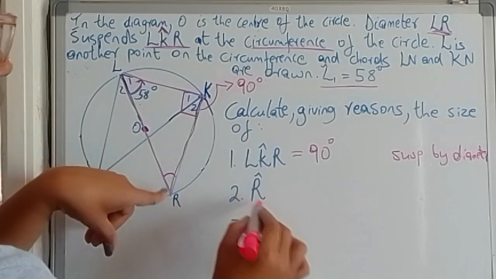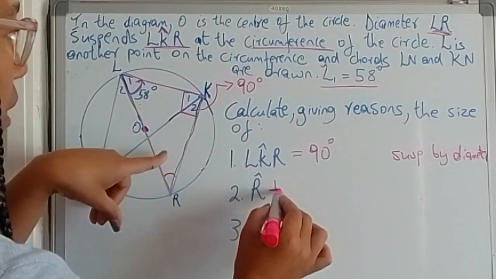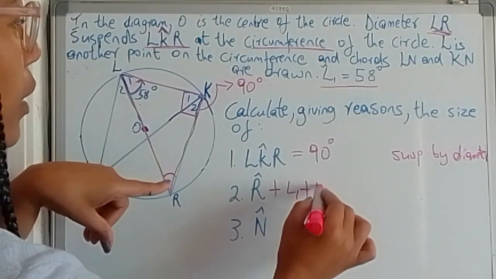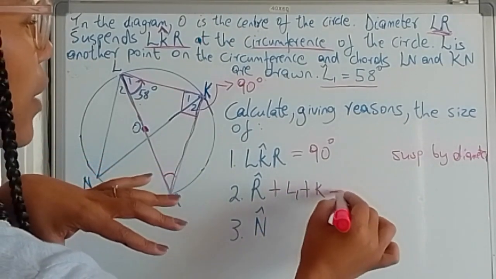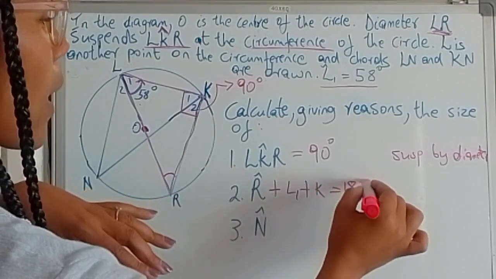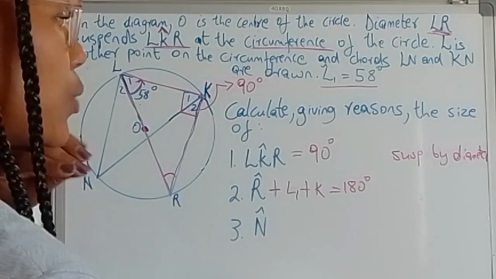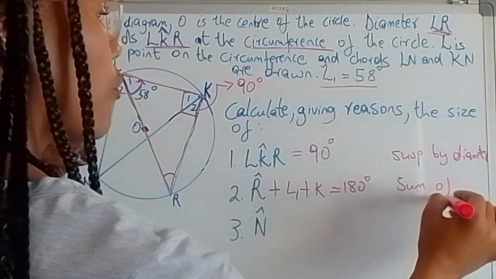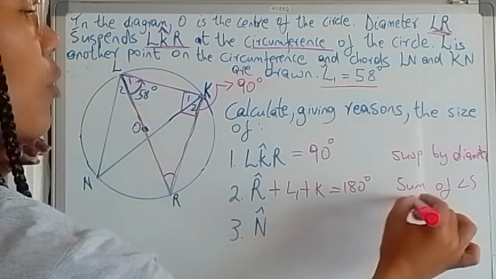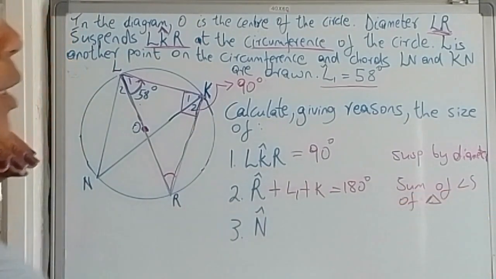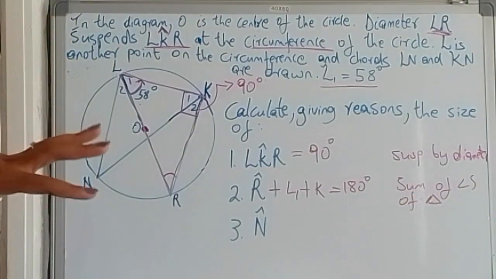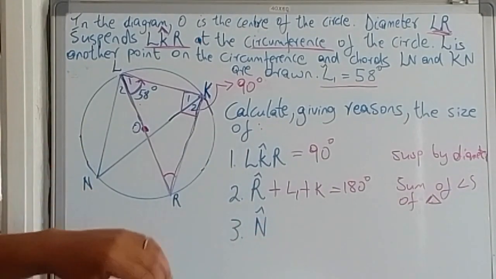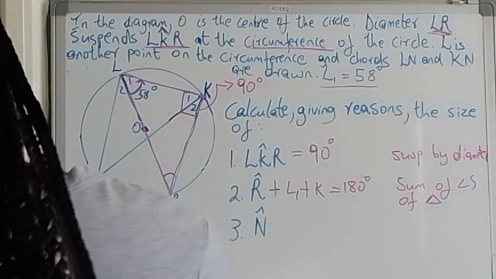So we see that angle R plus angle L1 plus angle K or LKR are all equal to 180 degrees. We have to give a reason. The reason here is that the sum of angles of a triangle is equal to 180.